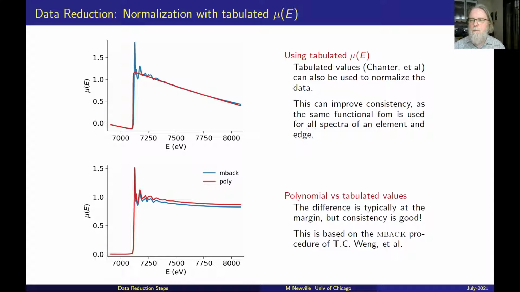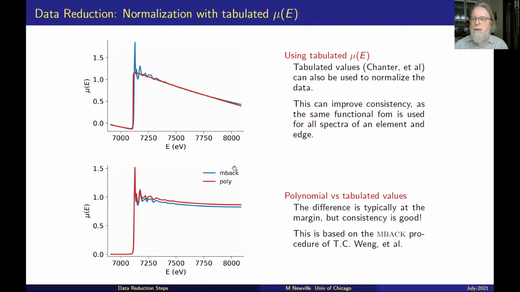The same functional form is used for all spectra of an edge and element, and in the post-edge these polynomials don't go kind of crazy, veering off unexpectedly. So here are the two compared for this data set. The difference is usually at the level of where it's hard to tell which one is correct and which one is a little bit worse.